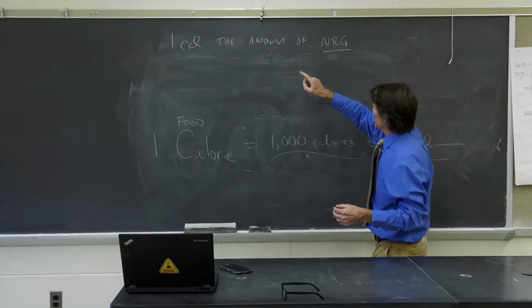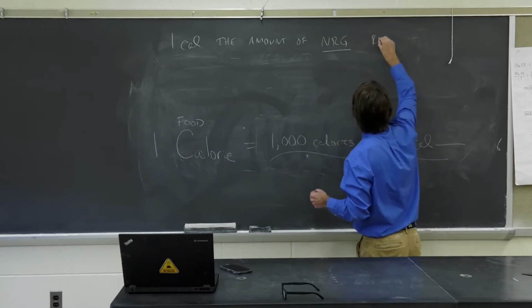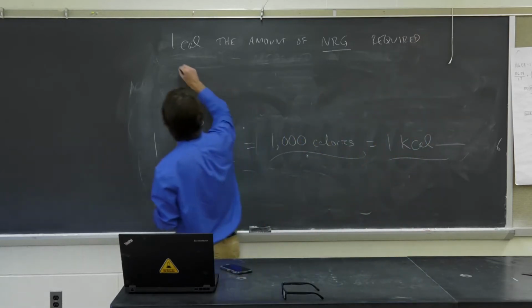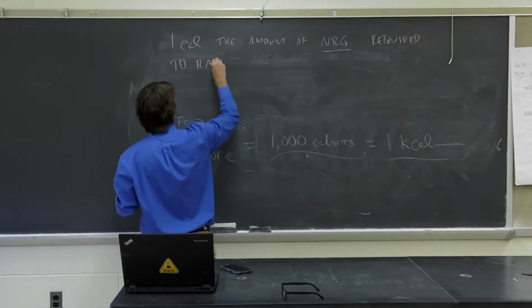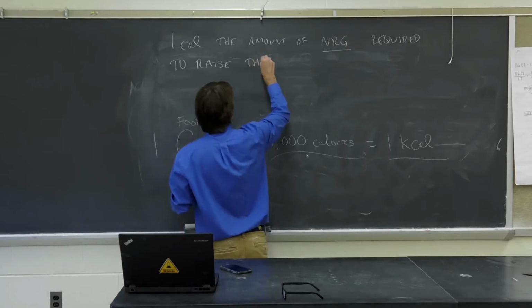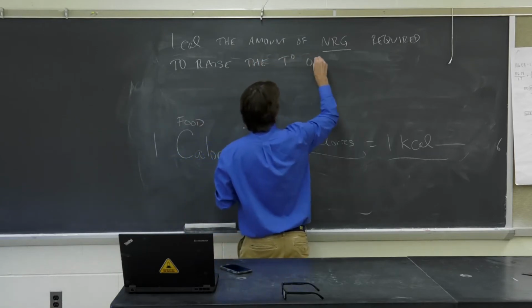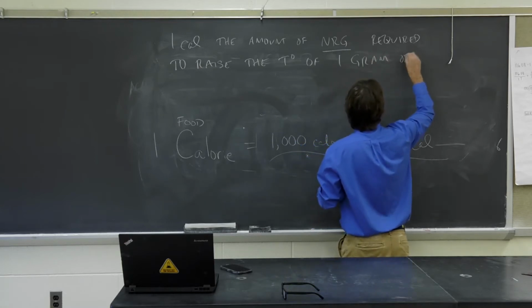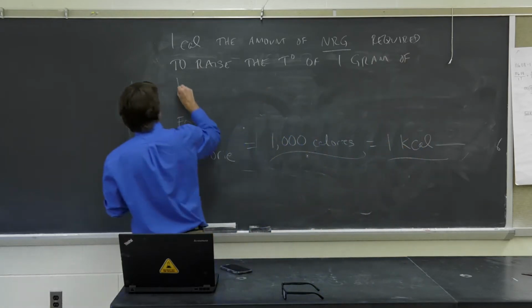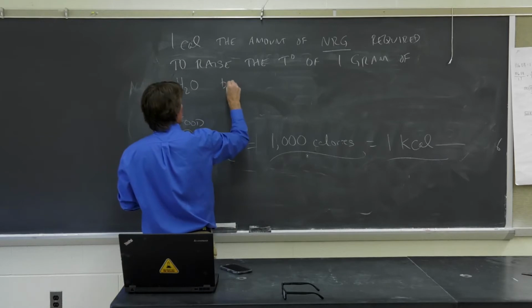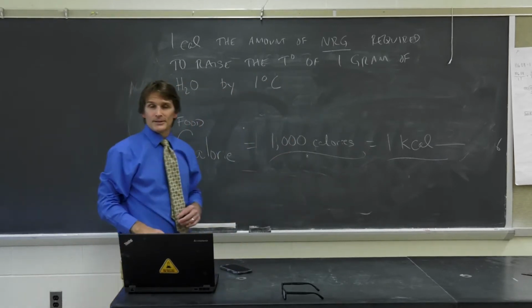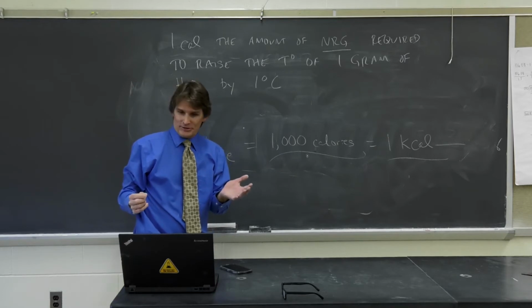So 1 calorie is the amount of energy required to raise the temperature of 1 gram of water by 1 degree Celsius. So that's it. It's really not that much energy.